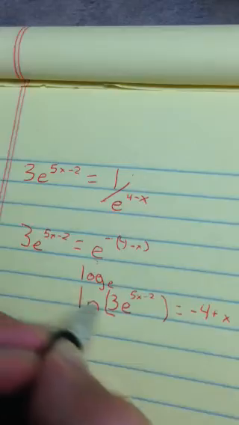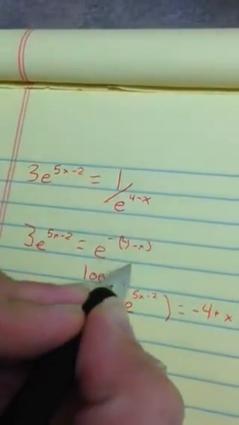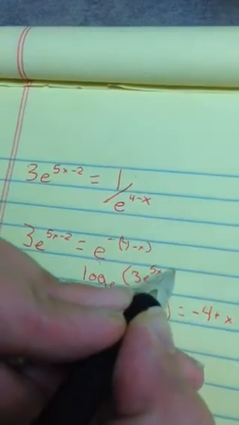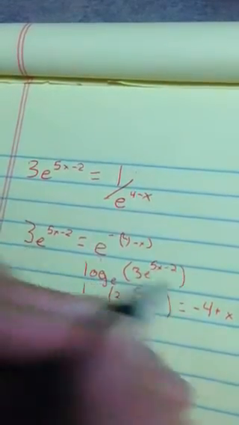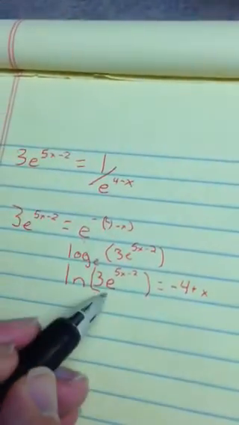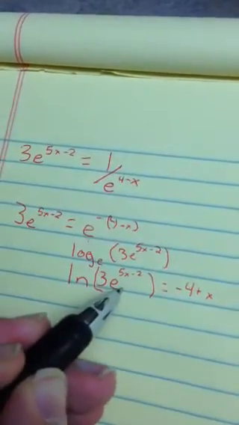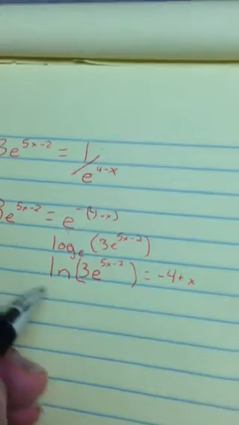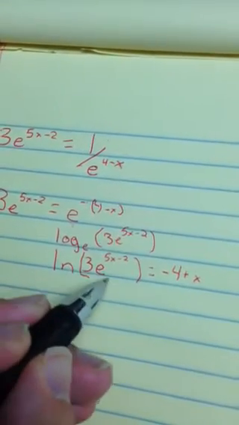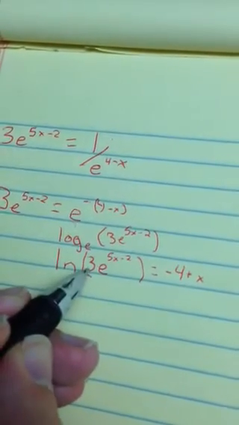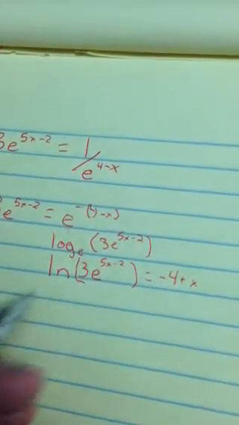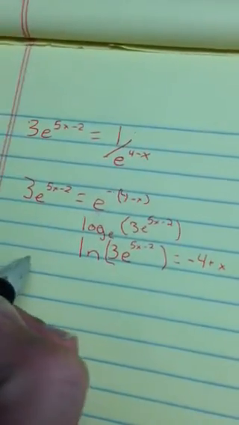So this is log base e of 3e to the 5x minus 2. Now we have to get x isolated. Right now it's mixed in with all this natural log. We have multiplication within a log, and a multiplication within a log is the addition of two separate logs.